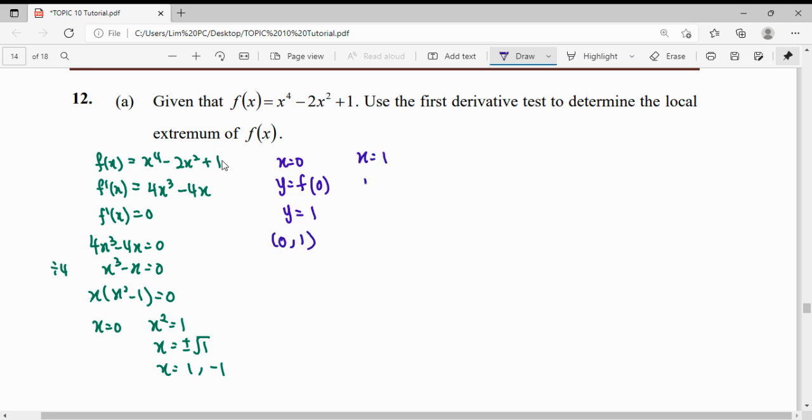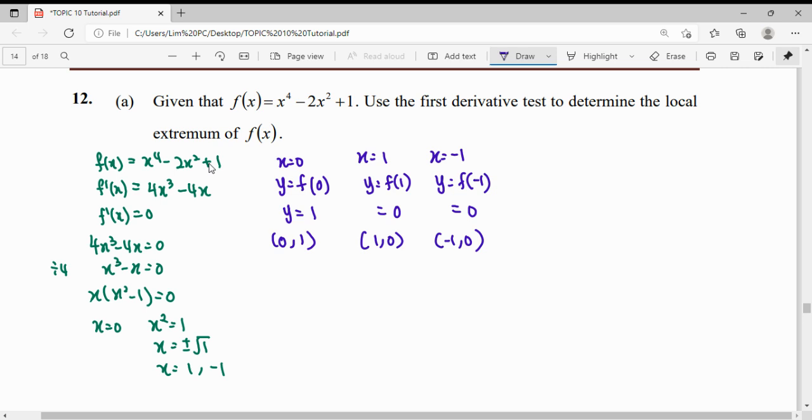When x equals 1, the y coordinate is 1 minus 2 plus 1, which equals 0. For x equals negative 1, negative 1 to the power of 4 equals 1, and to the power of 2 also equals 1, so 1 minus 2 plus 1 equals 0. So we have 3 stationary points here.